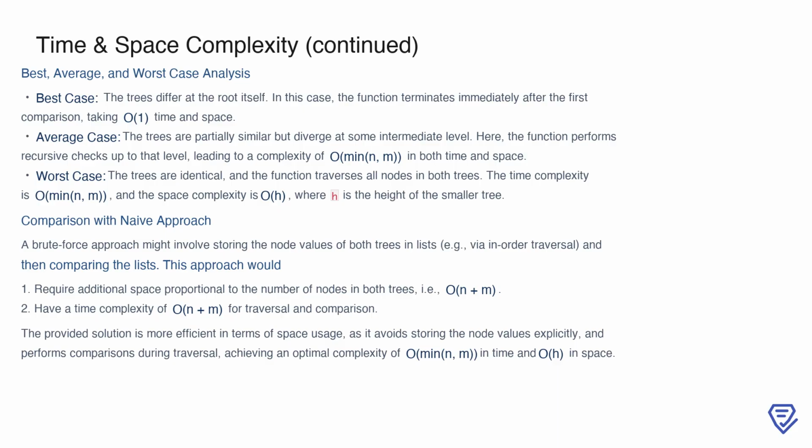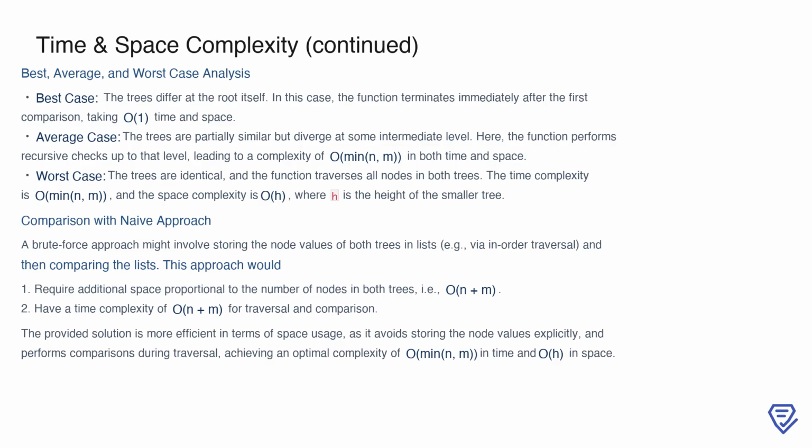Here, the function performs recursive checks up to that level, which leads to a time and space complexity of O(min(n, m)). In the worst-case scenario, the trees are identical, requiring the function to traverse all nodes in both trees. This results in a time complexity of O(min(n, m)), and a space complexity of O(h), where h is the height of the smaller tree.